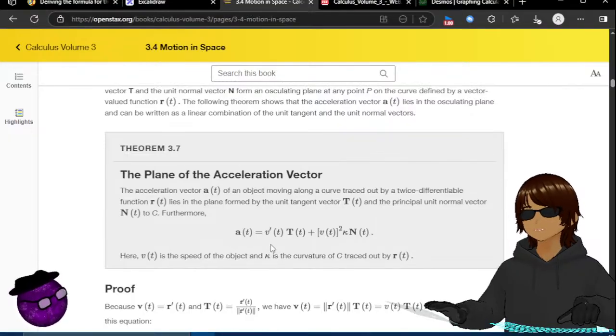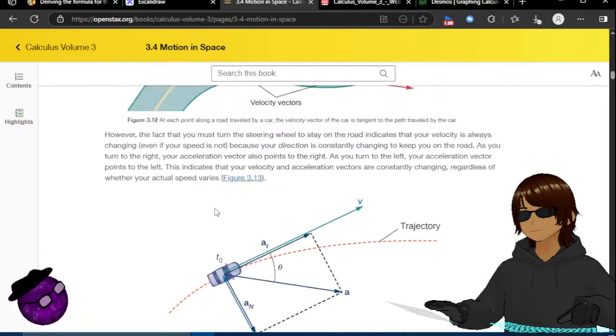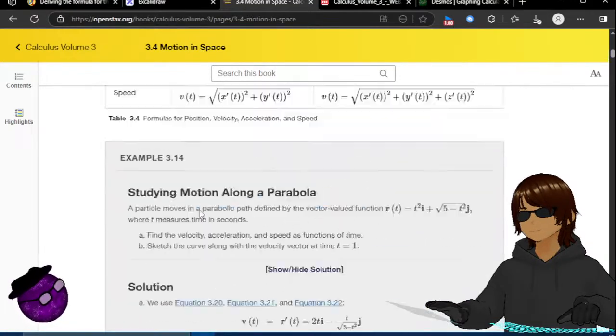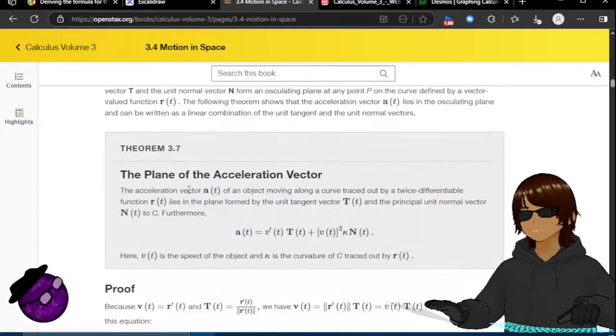Wait, isn't a just the derivative of the velocity? Why is it so? v is the speed of the object and kappa is the curvature of C traced out by r. Okay, hold on. That's not velocity, that's speed.